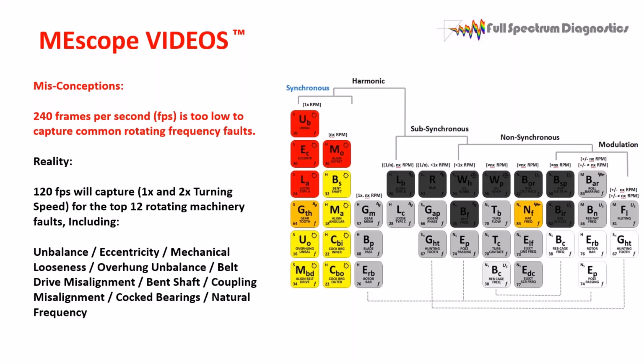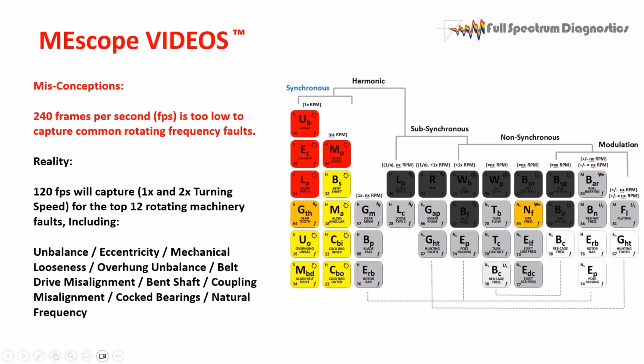The reality is we just looked at it, and we have 1 times and 2 times in the synchronous columns, and with just barely within the 120 sample rate, we'll have all these available for a phase analysis.